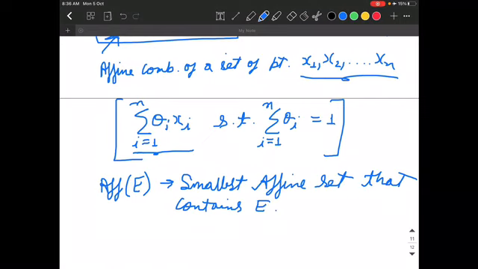We take every pair of points and keep adding all the points that lie on the line passing through those points, and we keep repeating it until finally the set becomes affine.